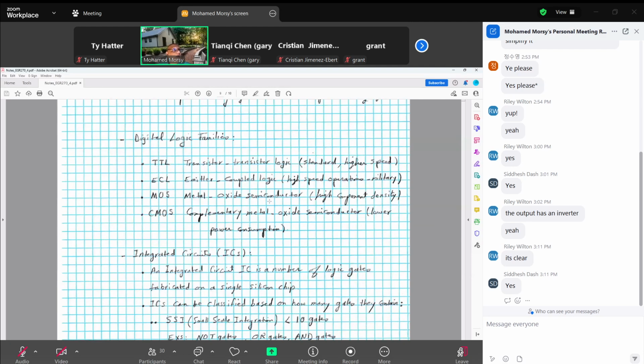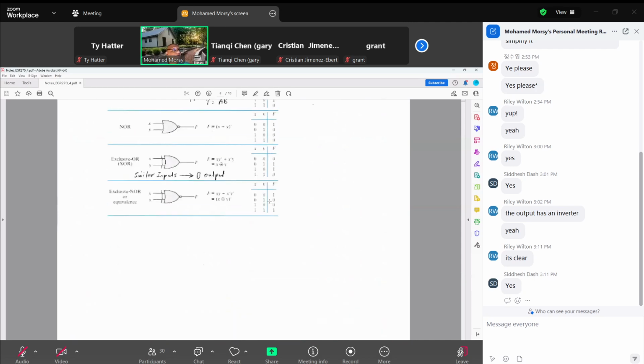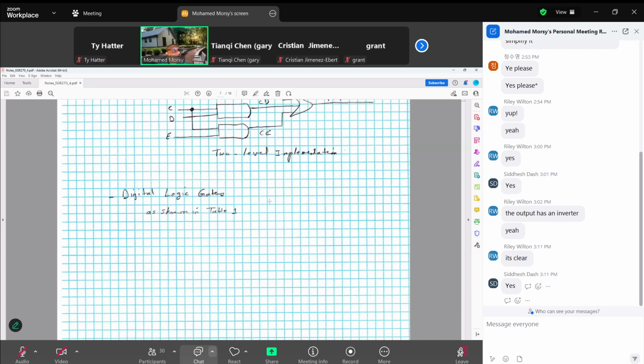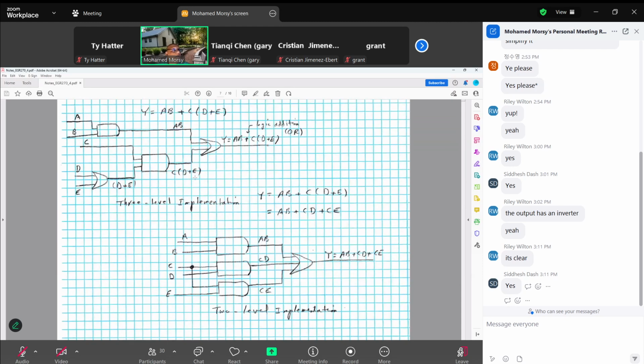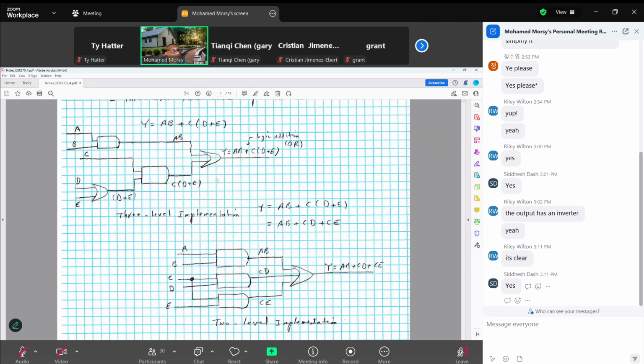Say, for example, we have this circuit here, and we can encrypt it. If someone steals the circuit or the system, they use reverse engineering to find out how it works and what its function is.